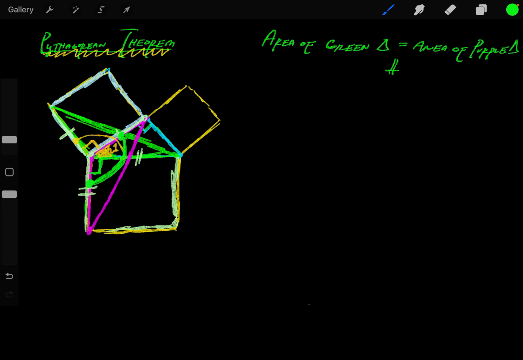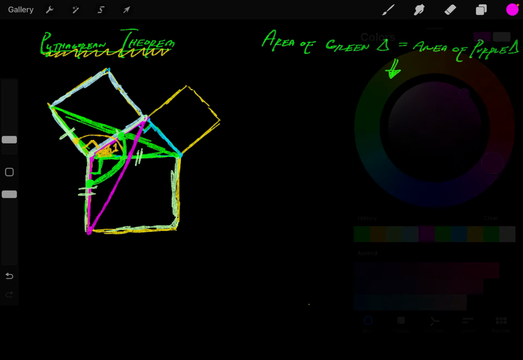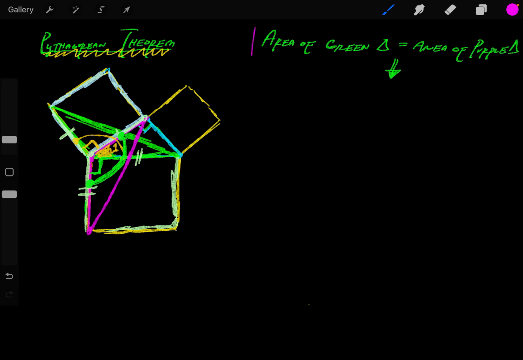Now from here, I'm going to build on this, but let's shelve that. Let's keep this in our minds. We know that these two areas are equal. Okay, that's good. We got that.